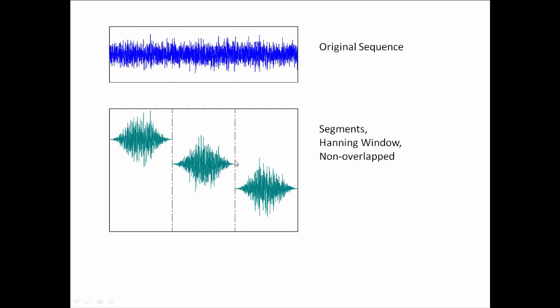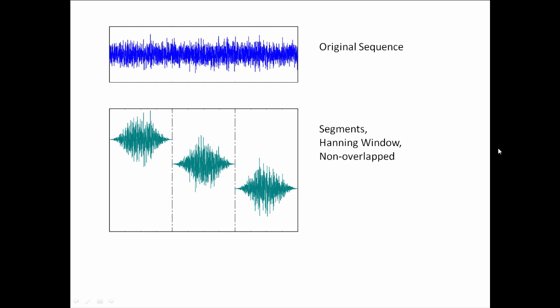The Hanning window is kind of like a bell-shaped curve. And we also apply that square root of 8/3 normalization factor. And you can see we're losing some data at the beginning and end of each individual segment. So we're losing some useful information as we try to accumulate degrees of freedom and apply the Hanning window.